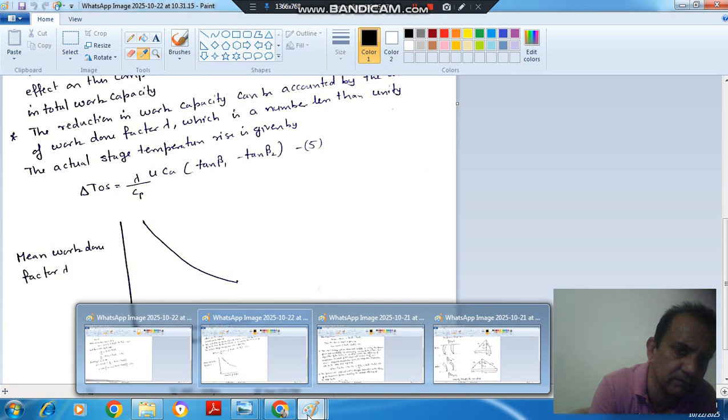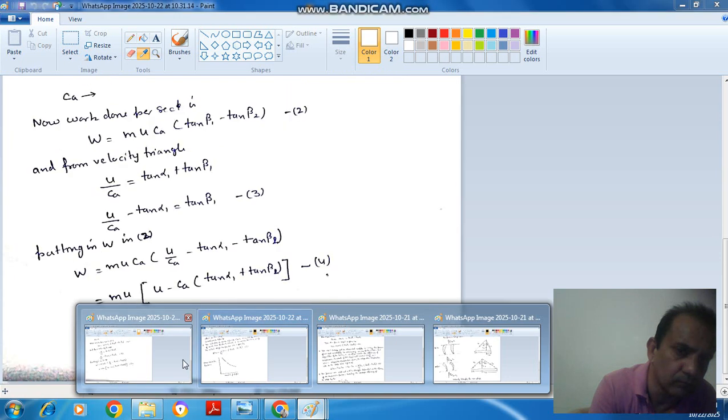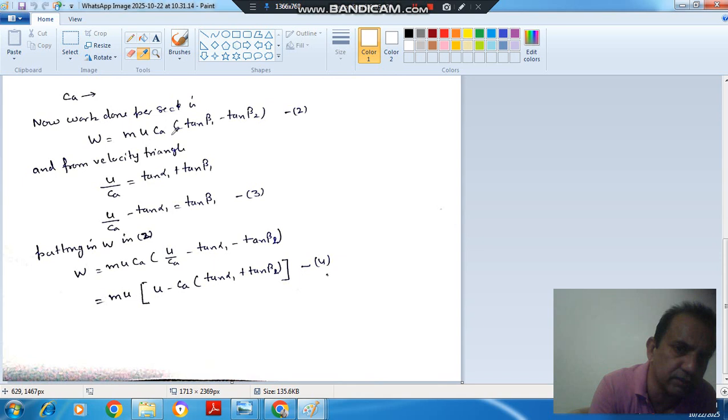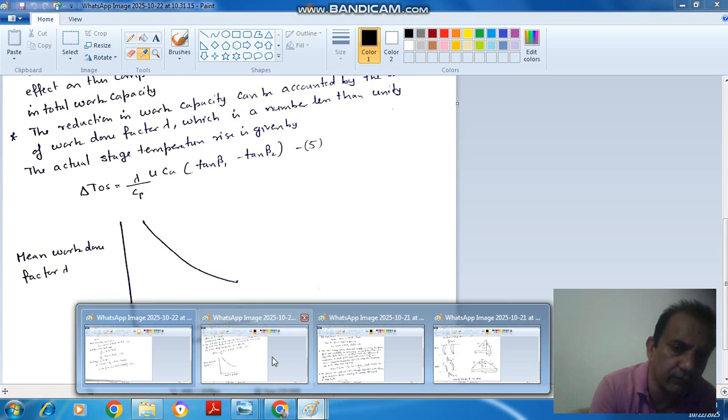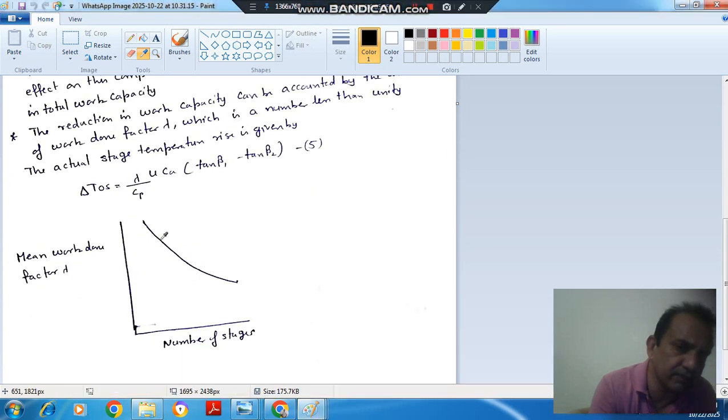Actually the expression was U CA (tangent beta 1 minus tangent beta 2). So now we introduce a work done factor, lambda, to get the actual work done. It is called the work done factor, and it is less than 1. As the number of stages increases, this work done factor decreases.